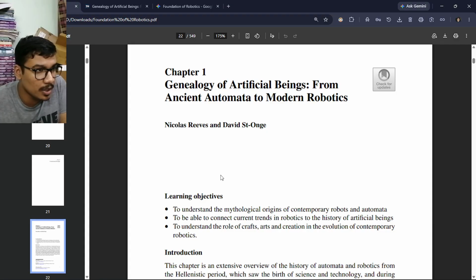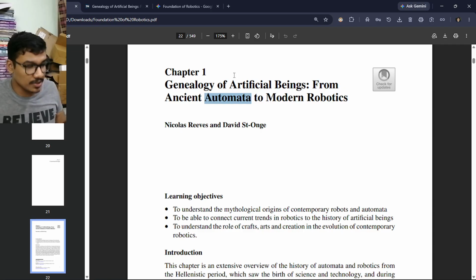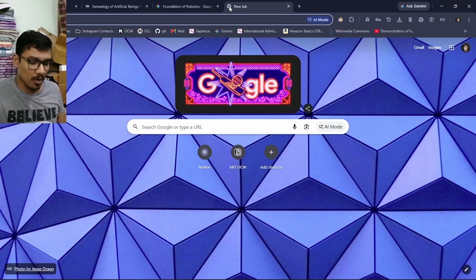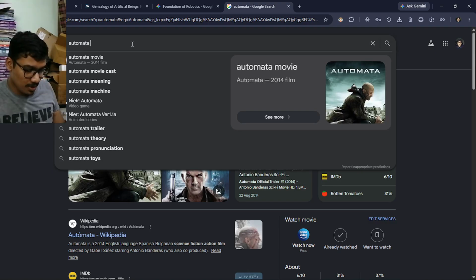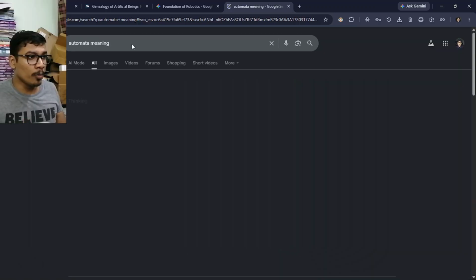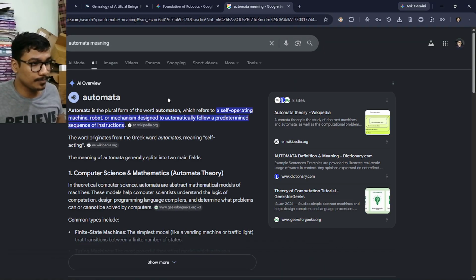So, genealogy of artificial beings from ancient automata to modern robotics. What does automata mean? I think it means something which does not require human input.